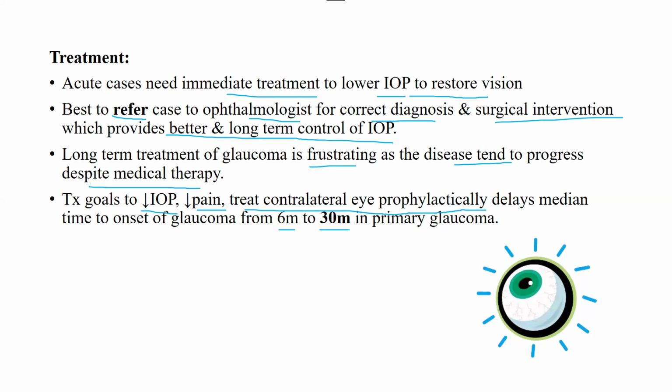So the disease will for sure progress, but the time delay is going to be 6 months to 30 months. That is something good we have on our side, if we start to treat prophylactically. So these are the treatment goals.